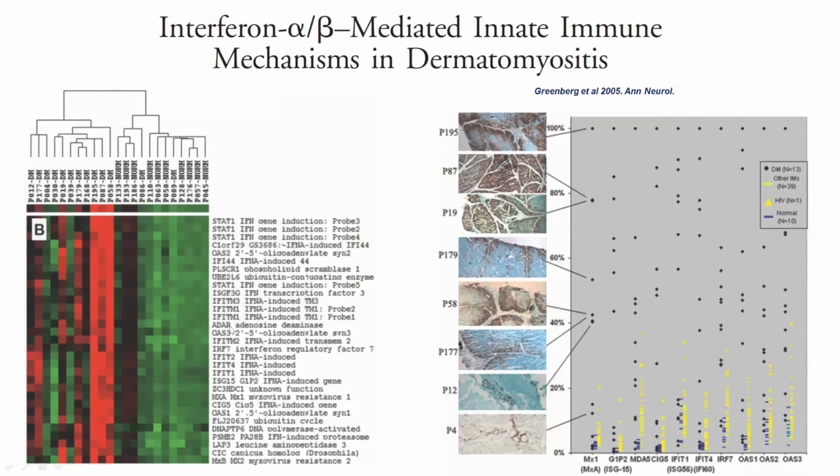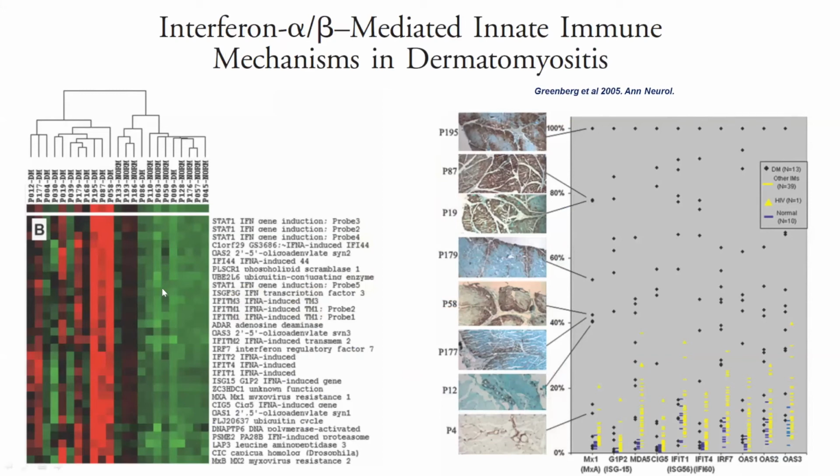We have in every cell a lot of sensors and proteins which can recognize the virus and which can activate the synthesis of interferon type 1 alpha or beta, which are a good mechanism of defense against these viruses.